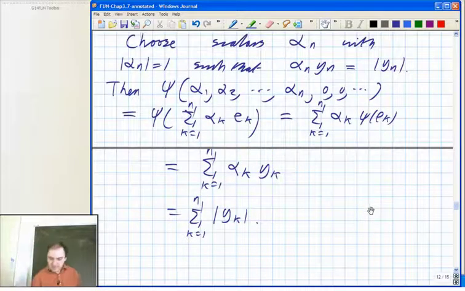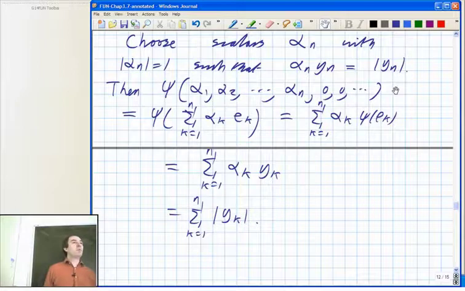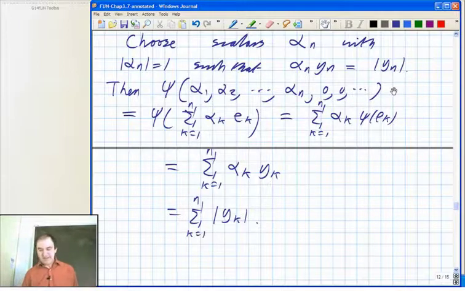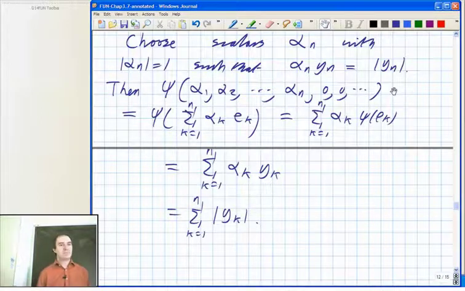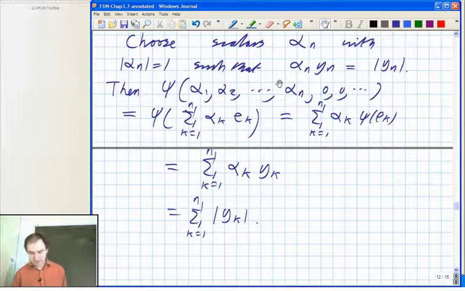However, what about this element alpha 1 up to alpha n? Remember, this is very similar to what we did before. What is the norm of that in C0, the norm infinity of that element of C0? So that's just going to be the supremum of the modulus of the terms here. And they're all chosen to have modulus 1. So the answer is 1.